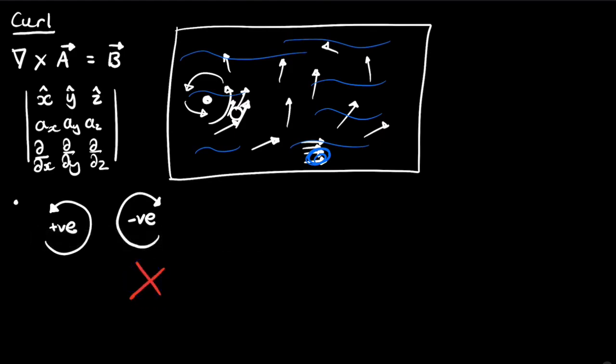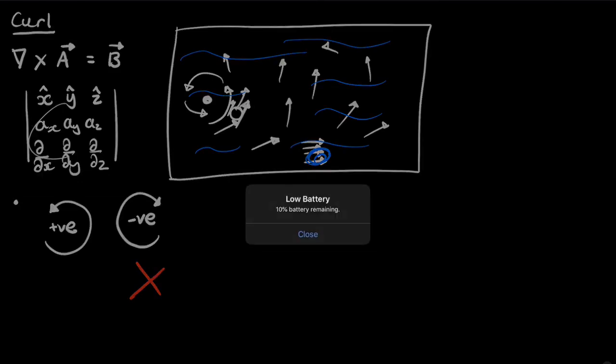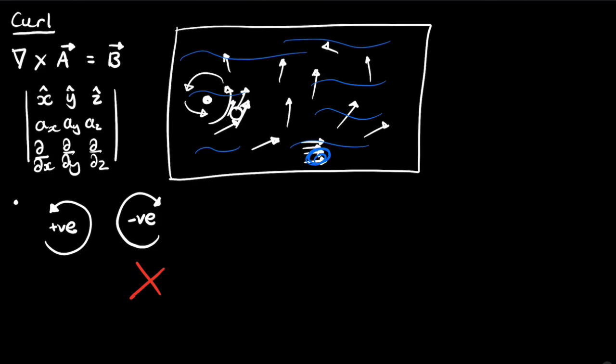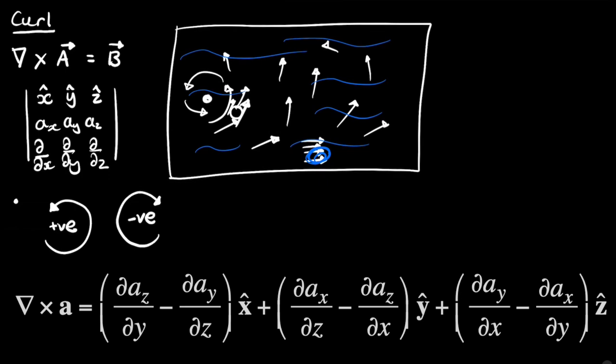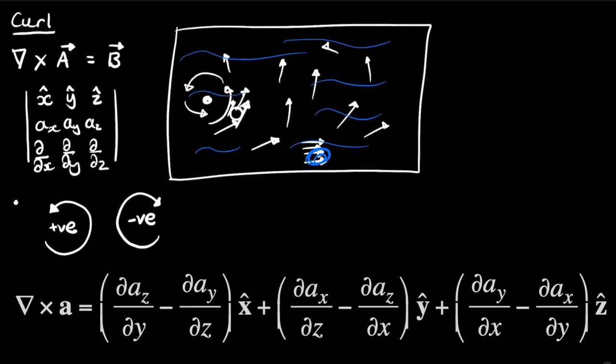or if it rotates in this way, then it has a negative curl. And so now what I'm going to do is expand this determinant right here, and show you a bit of how mathematically you would measure curl. As you can see right here, look at all these derivatives. None of the components are in common with what we're differentiating with respect to.